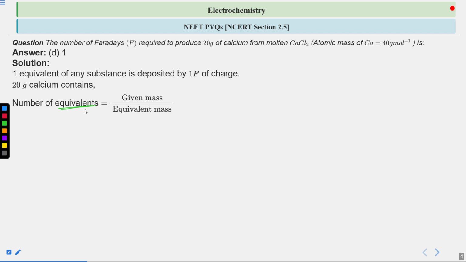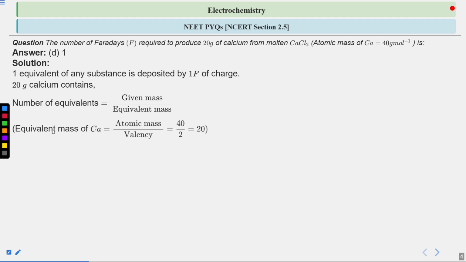Once you identify the number of equivalents, you can simply identify the Faraday you are going to need in this process. So the number of equivalents is given by given mass divided by the equivalent mass for calcium.